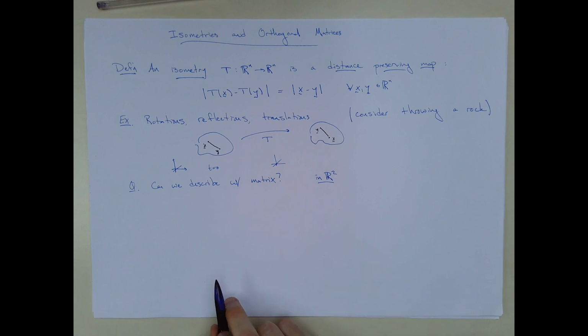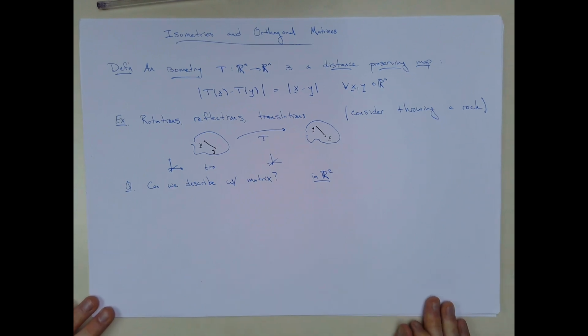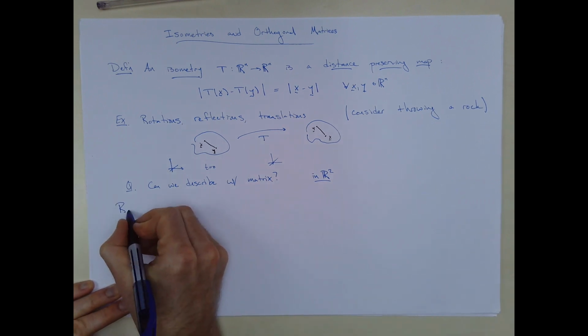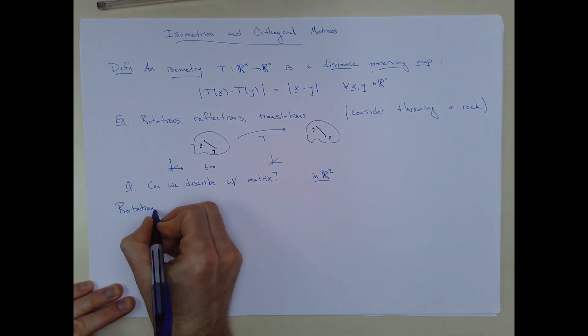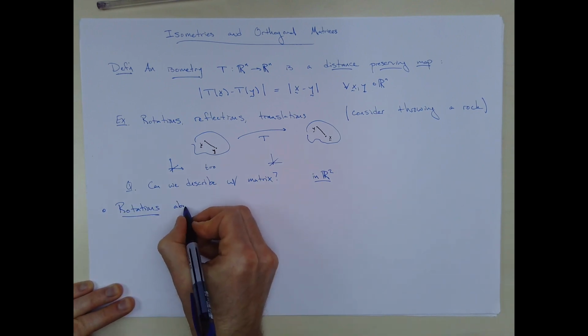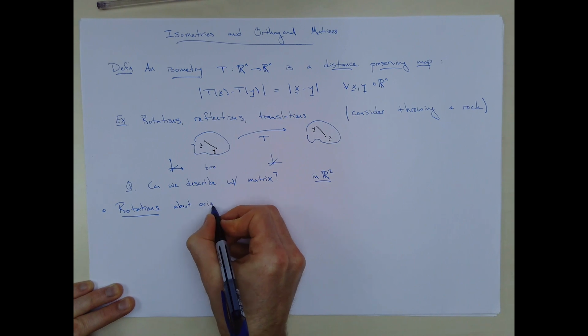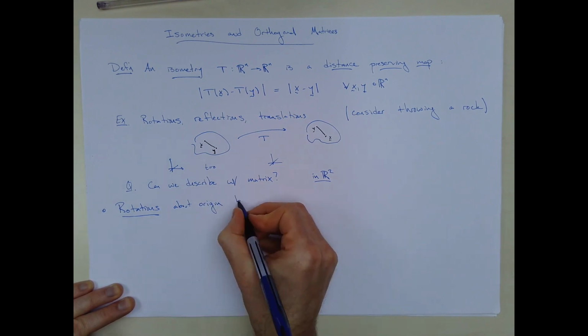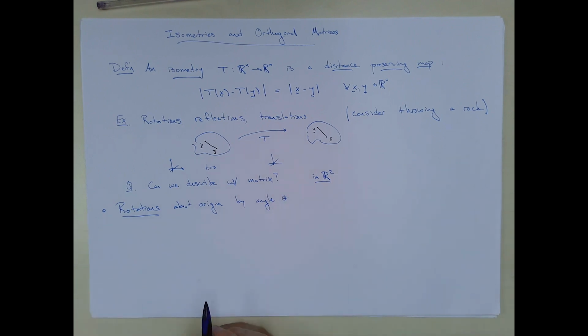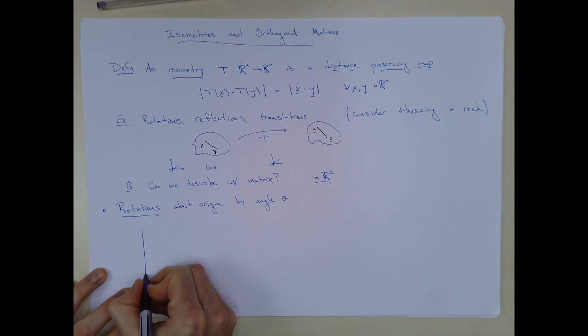Let's do this in R2, and we'll generalize this to R3 later. We'll start with rotations about the origin by a given angle theta. In fact, we encountered this idea at the end of our section on conics, but now we're going to make this a little bit more rigorous and formal.